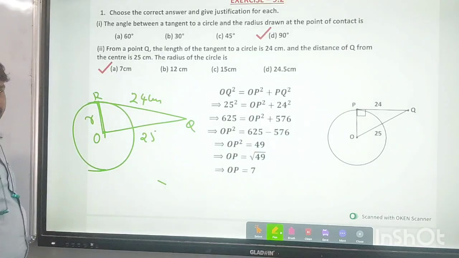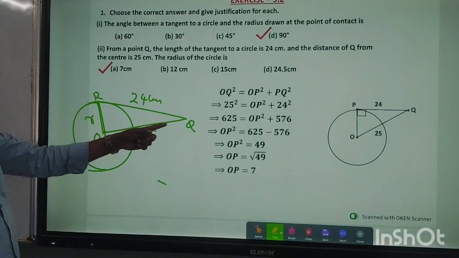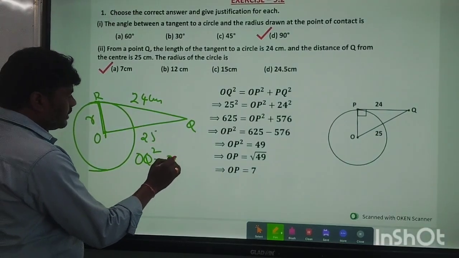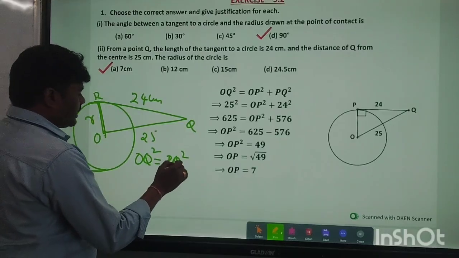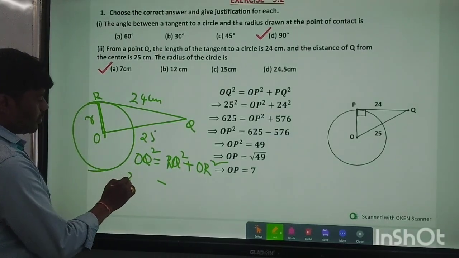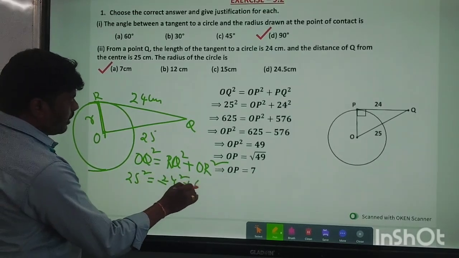Find the radius. How to find the radius? Hypotenuse square equals side square plus side square. So OQ equals 25 square, and RQ equals 24 square, plus OR square.